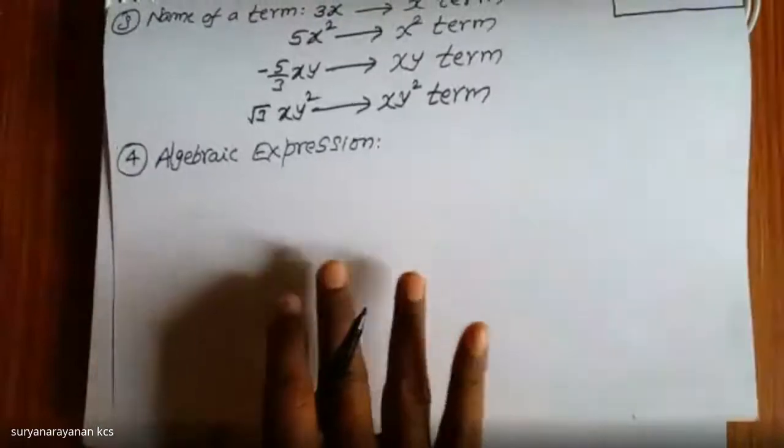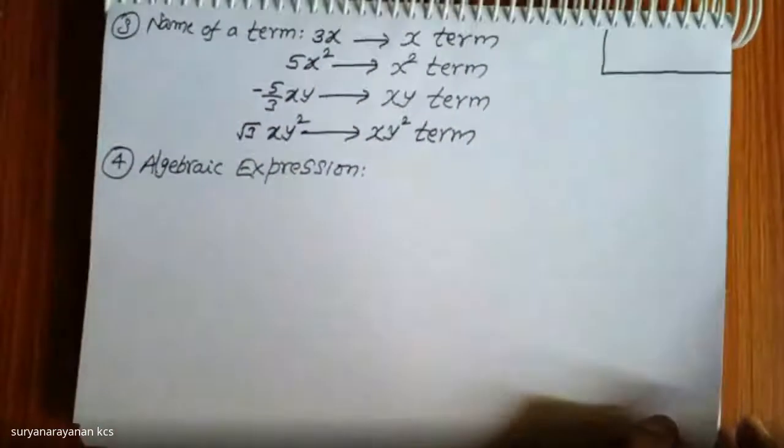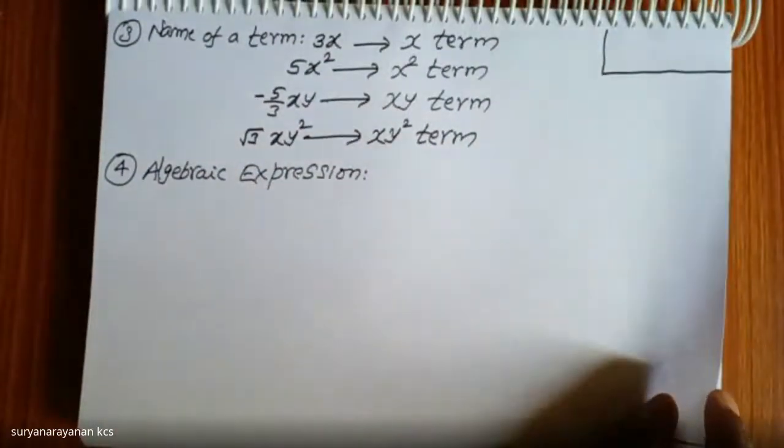Simply to say, an algebraic expression is formed by adding some terms. That's all.